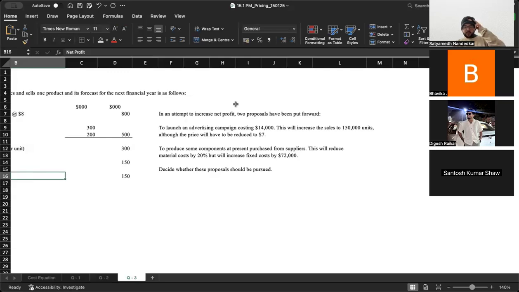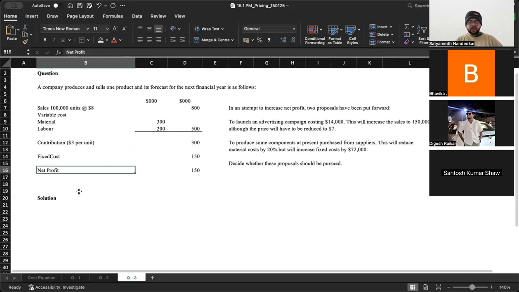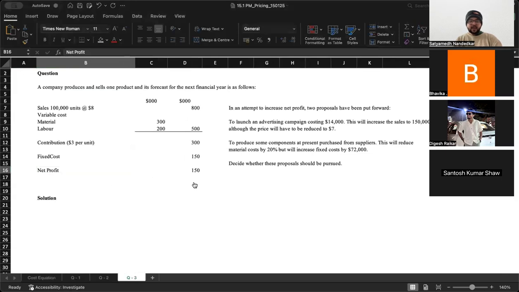ठीक है, दो प्रपोजल है. फर्स्ट वन इज टू लॉन्च एन एडवर्टाइजिंग कैंपेन कॉस्टिंग 14,000. दिस विल इंक्रीज द सेल्स टू 1,50,000 यूनिट, ऑल्दो द प्राइस विल हैव टू बी रिड्यूस्ड टू 7 per unit. ठीक है, so let's see, is there a way in this situation where we can compare the two outcomes? What is proposal 1?